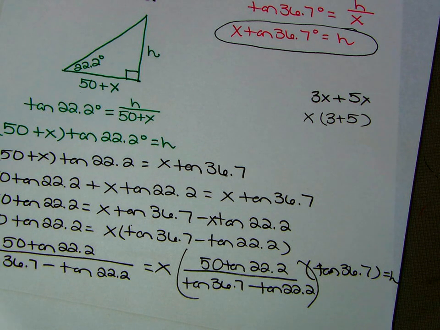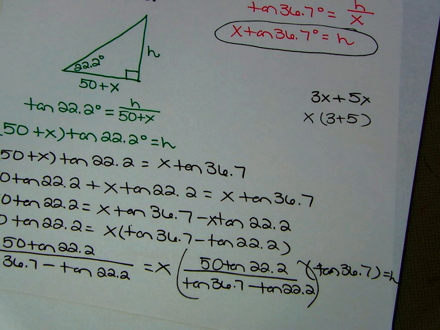Depending on what style calculator you have, you may have to do it in different parts. You may have to calculate what 50 tangent 22.2 is first, and then divide that by tangent 36.7 minus tangent 22.2. But even my old school calculator from the early 2000s, this little Texas Instruments, would handle this style of problem.